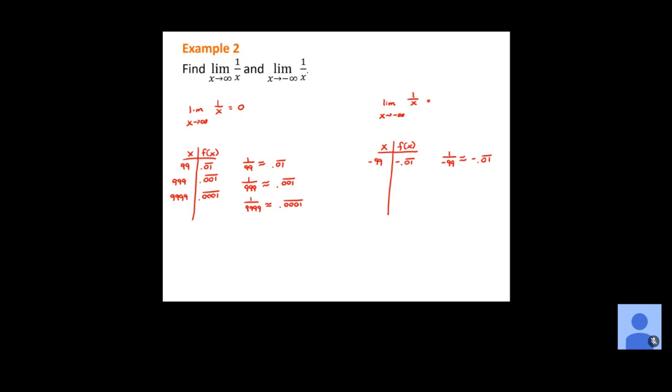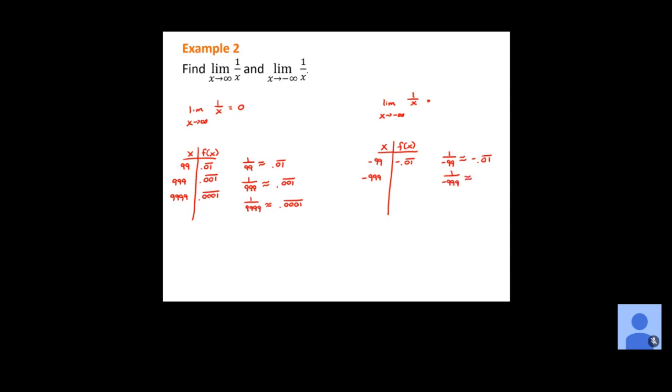All right, what value do you want to test next? Okay, negative 999. Keep it consistent with what we had over there.